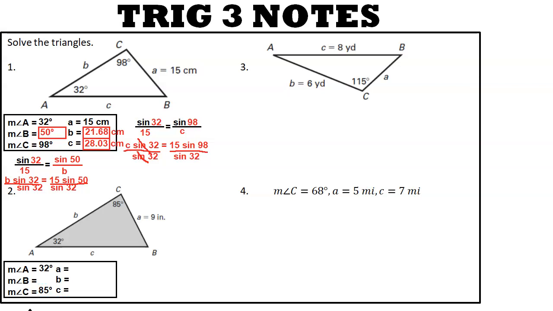And the little a is 9 inches. All right. So now our job is to figure out what we need to know. And that's going to be angle B, side B, and side C.